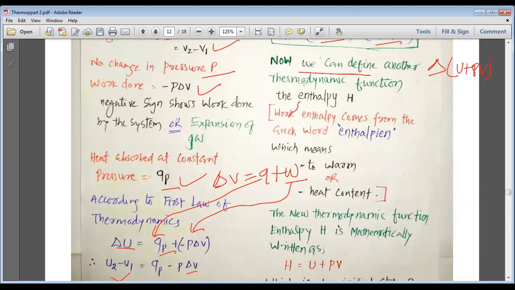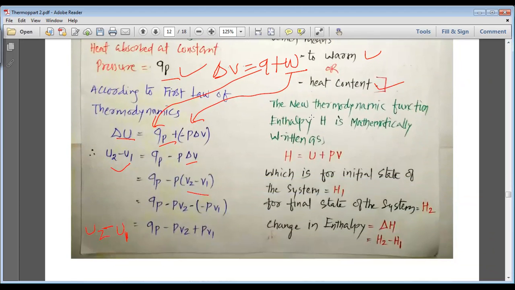So now we can define another thermodynamic function, which is known as enthalpy. What is enthalpy? The word enthalpy comes from the Greek word enthalpion, which means to warm or to heat. So this new function, the enthalpy function, is H, that is U plus PV.